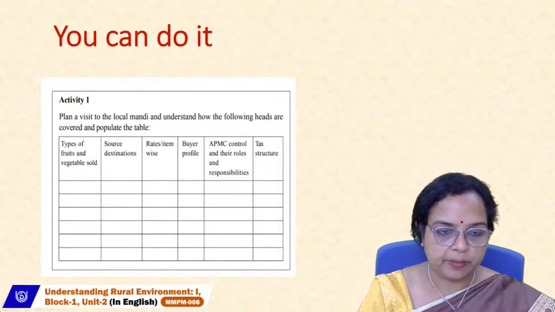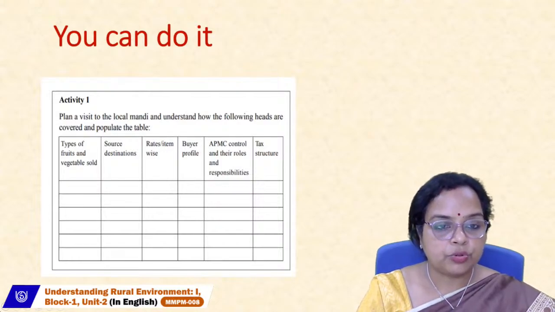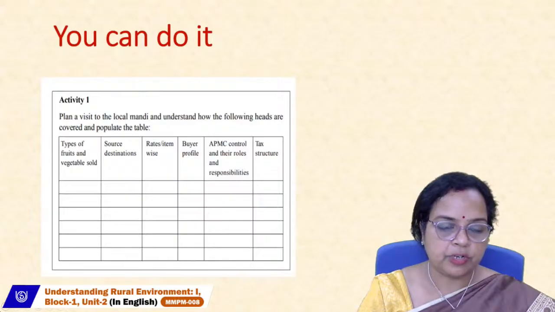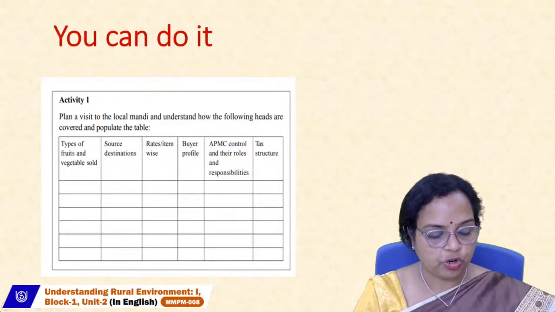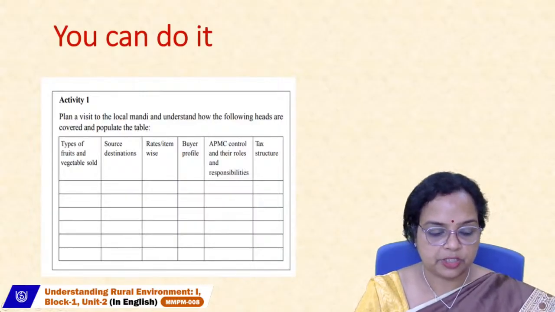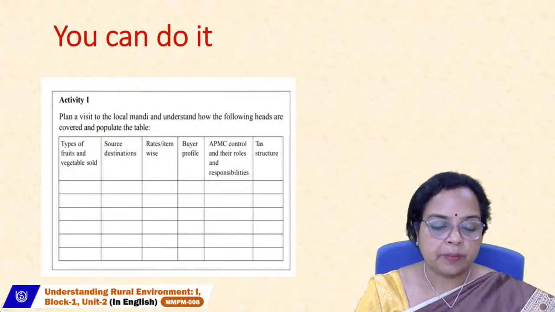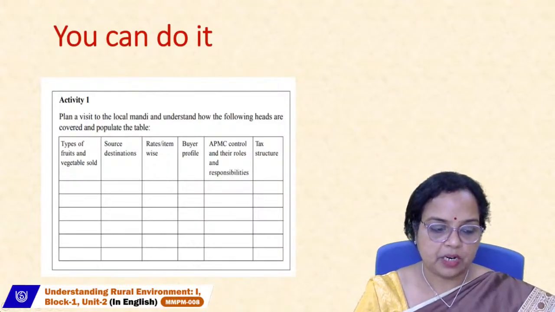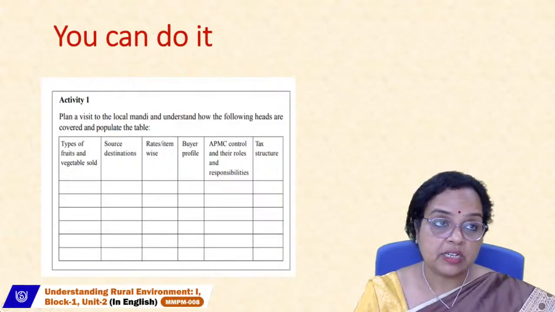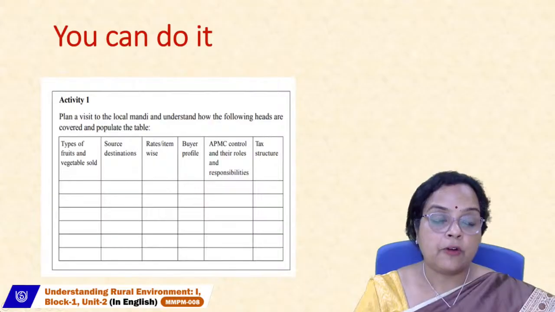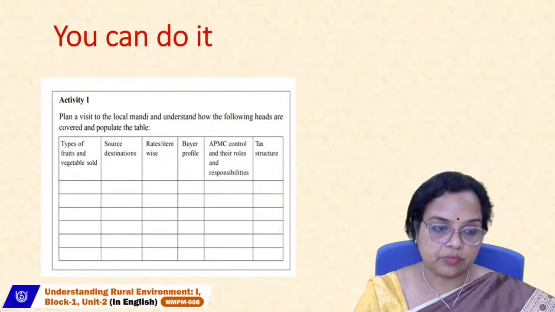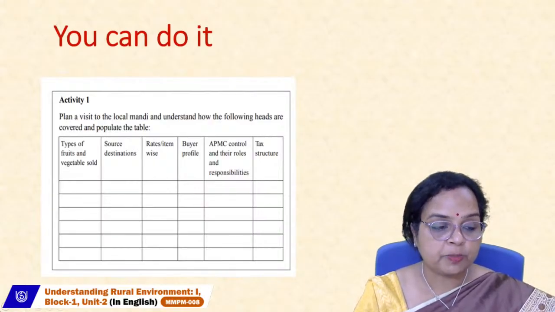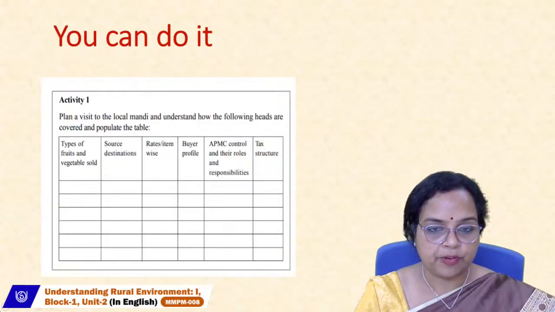You can do it on a day basis, or you can also collect the data for a month for clarity and understanding. For the first column, you can fill in the data by discussing with the vendor what type of fruits and vegetables they are selling, which nearby village they are sourcing them from, what the rates are item-wise, and who is purchasing, that is, the buyer profile.